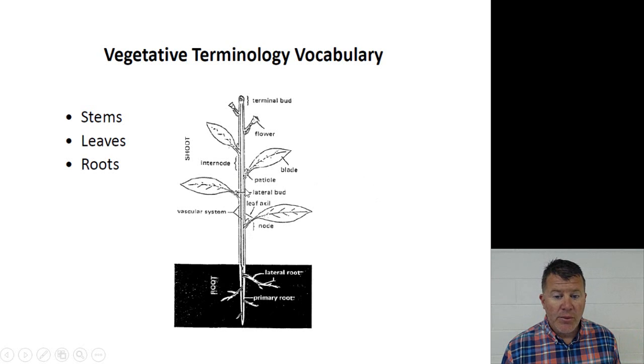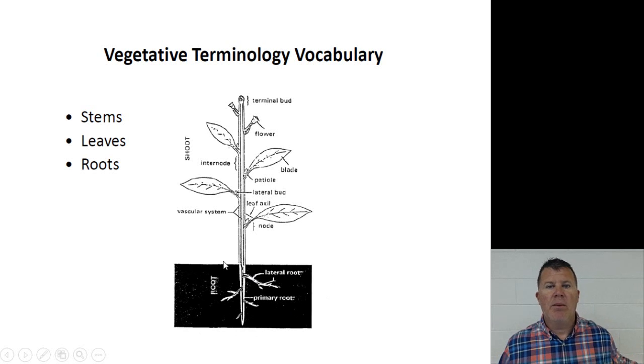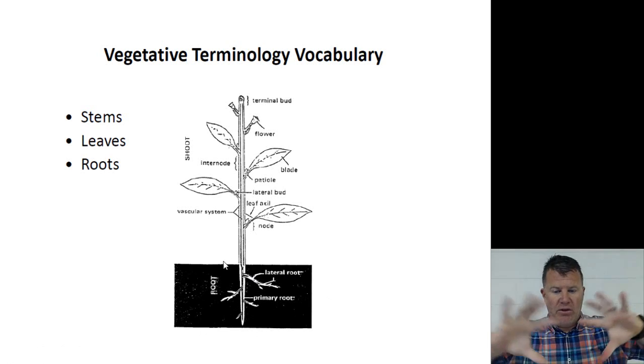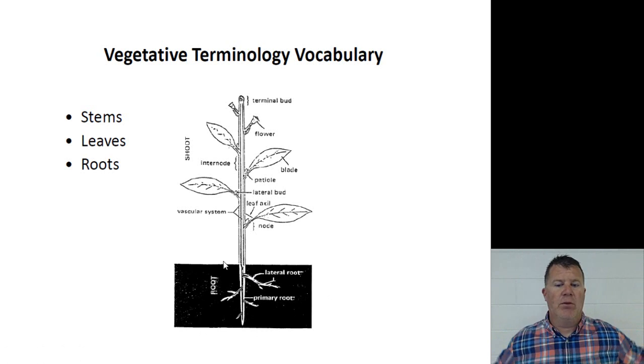Your vascular system goes through the stem, containing the xylem and the phloem. Your terminal bud, you've got your flower, your leaf blade, your roots. Taproot would be one coming down deep into the soil, and a fibrous root system. This whole area would just be a network. Kind of reminds you of hair sticking up on top of your head. You just got this amazing fibrous root system.